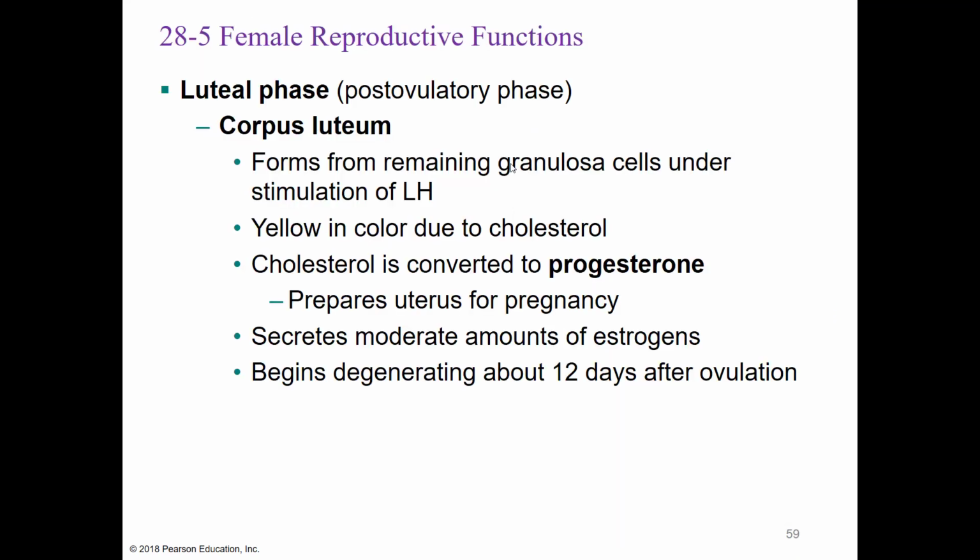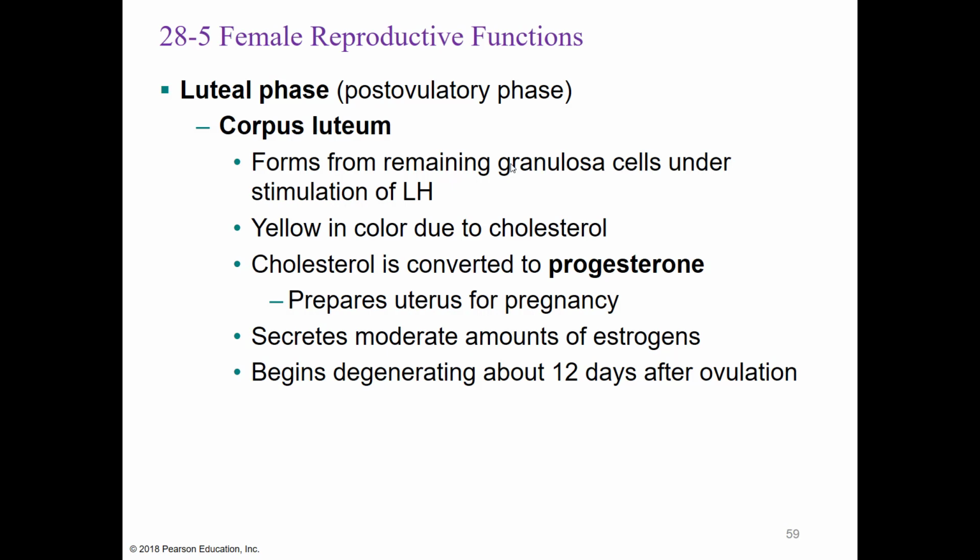So once the egg is ovulated, which is going to be around day 14 on average of our 28-day cycle, following the ovulation, we then have what's called the post-ovulatory phase or luteal phase. And this is when the corpus luteum develops. So the corpus luteum is going to form from the remaining granulosa cells under stimulation of LH.